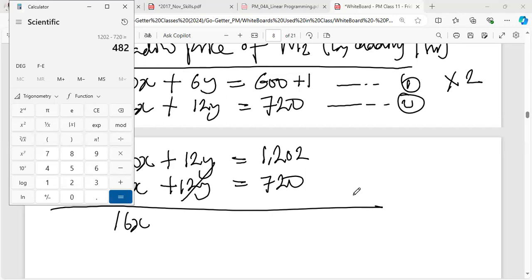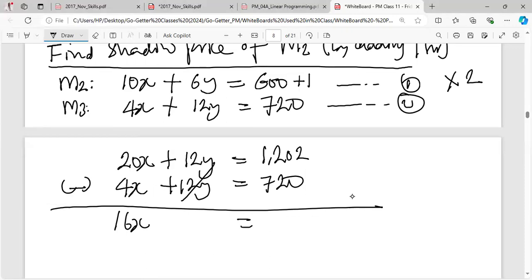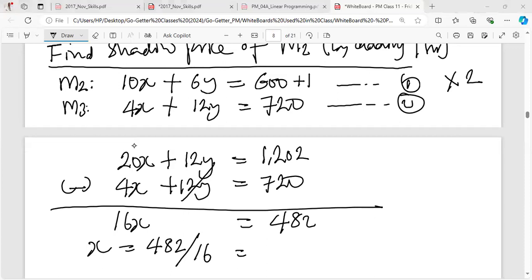That gives me 482. We had 480 before, but now this is 482. So our x will now give me 482 divided by 16. In this one, you are free to keep your answer in decimal.